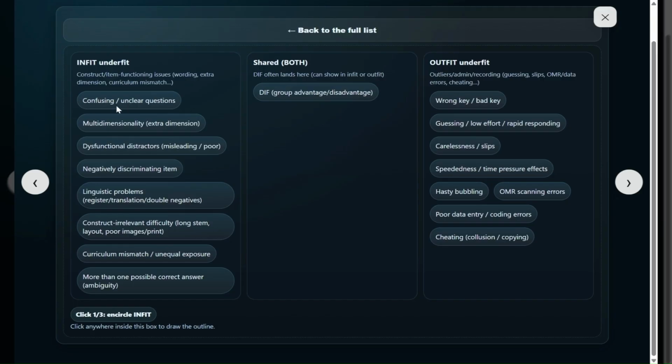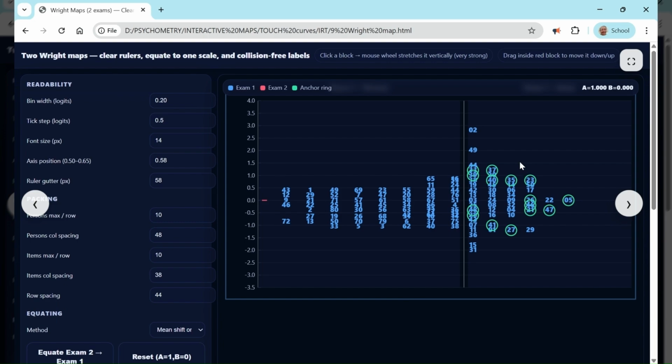Look, confusing, unclear question, multidimensionality, dysfunctional distractors, negatively discriminating item, linguistic problem, construct-irrelevant difficulty, curriculum mismatch, unequal exposure, more than one possible answer. So these are very harmful. DIF, which is differential item functioning by group, like gender or socioeconomic status, will affect both actually, the outfit and the infit. So this is important to consider when one sees the infit and the outfit.